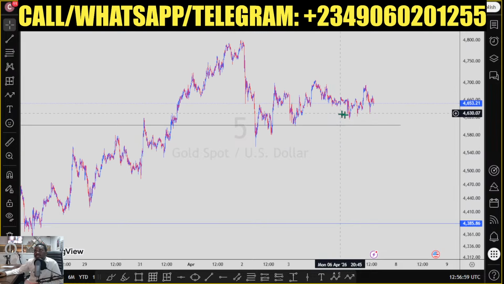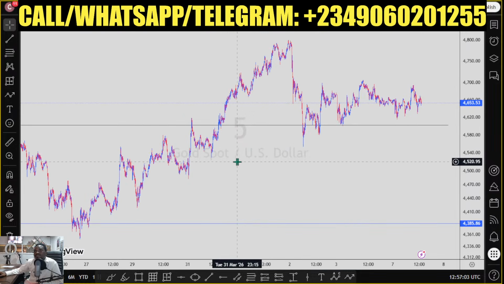Let's go to the 5-minute chart. Nothing realistic yet on the 5-minute chart. The only trade execution I can spot on the 5-minute chart which has gone was at the zone.